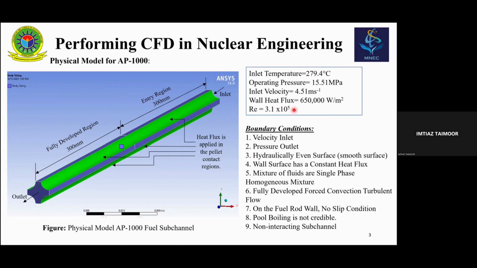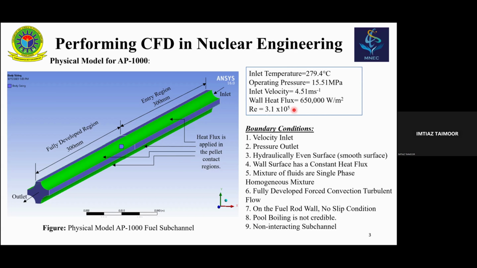Remember, whenever you are performing any flow simulation, at first you have to calculate the Reynolds number because we need to know whether the flow is laminar or turbulent. Our scenario will be different based on whether the flow is laminar or turbulent.